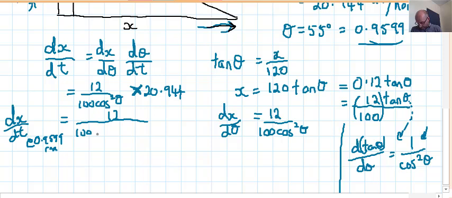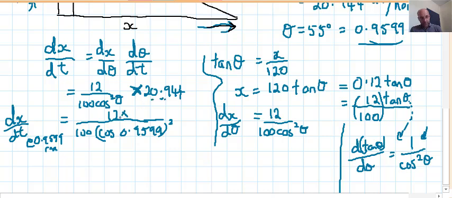Now cos squared theta is cos theta all squared, remember, so we have cos of 0.9599 all squared, and that's times the 20.944, which can go up there with the 12, and this should get it all in the right units, and we get 7.64 kilometers per hour.